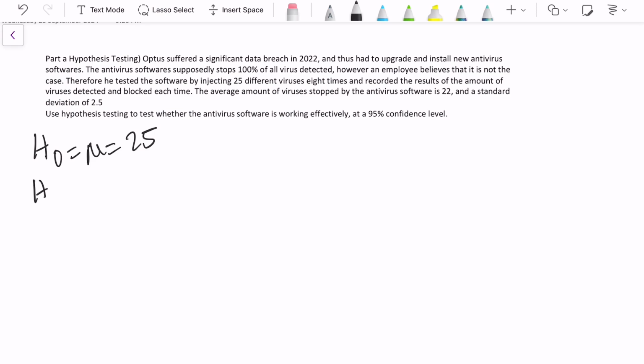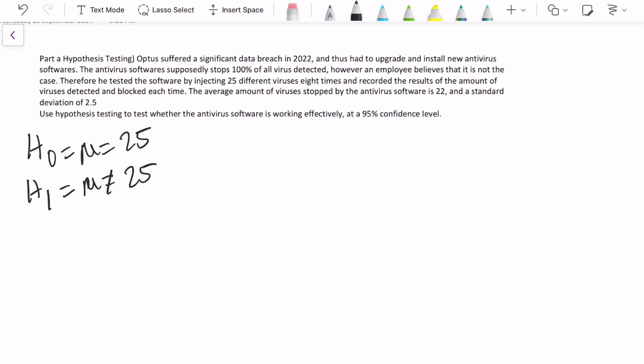Therefore, the alternative hypothesis would be mu does not equal 25. Since we're working with a 95% confidence level, the p-value is equal to 0.05. This will be used later to determine whether we reject or accept the null hypothesis.